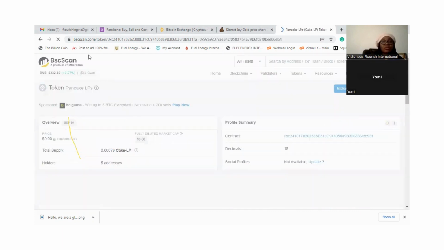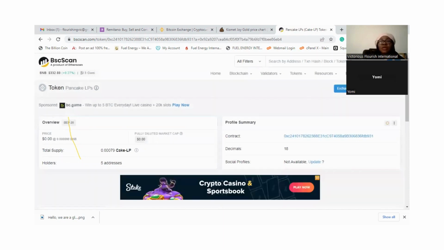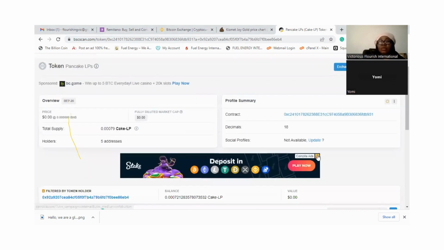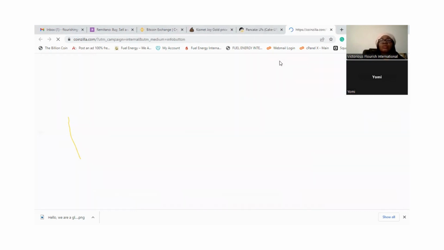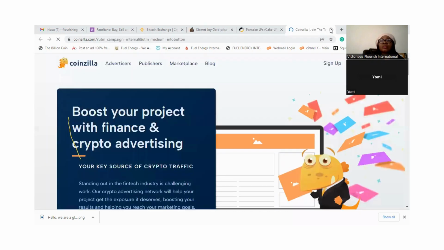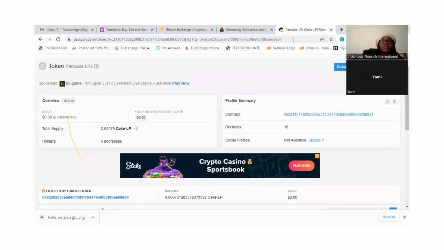I'm trying to open it here so that I can. Are you seeing it very well? Yeah, I'm coming. I'm trying to open it here. I want to open it here from my side because I can't see your screen very well. Don't worry.